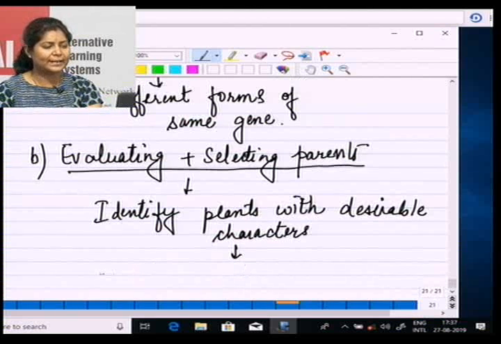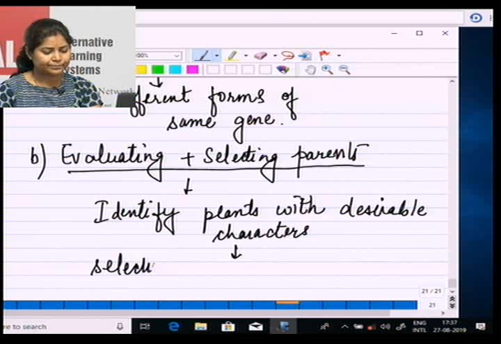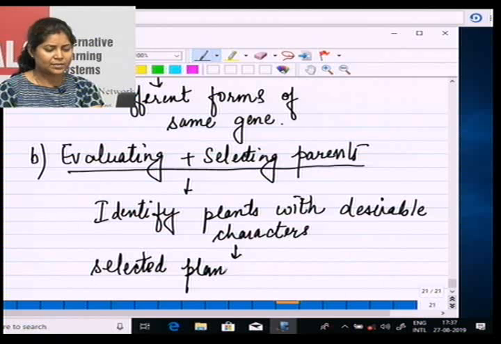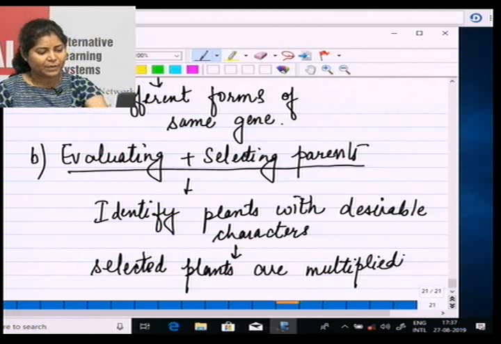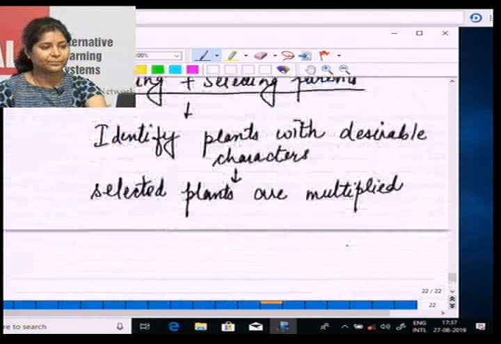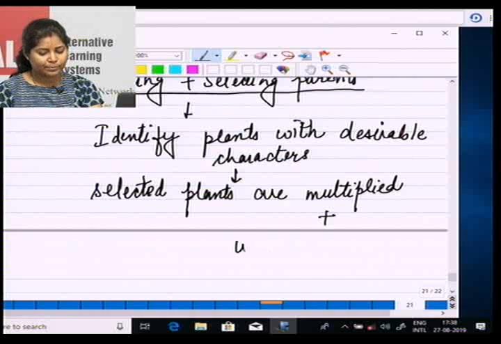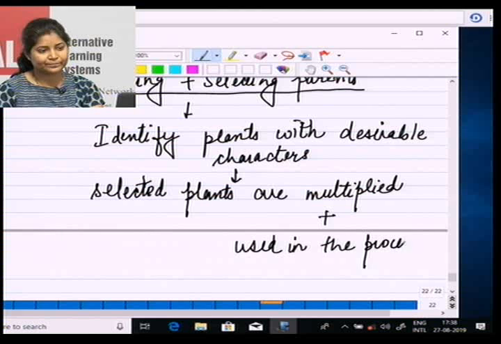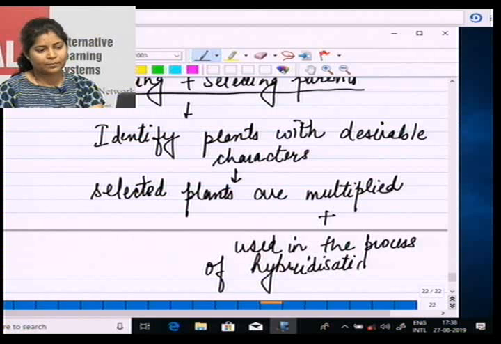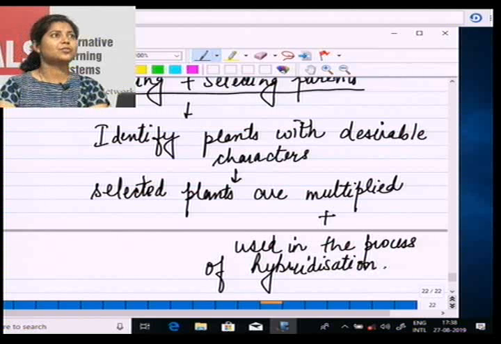You will then be selecting the plants, or multiplying them, to be used in the process of hybridization.